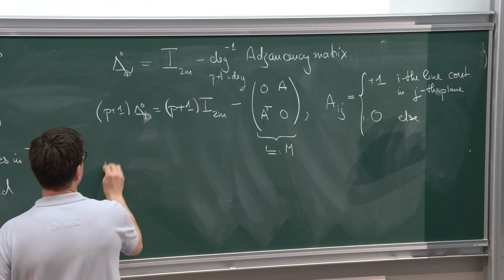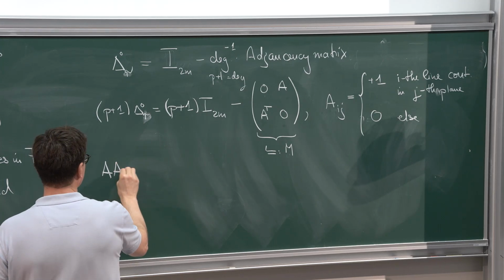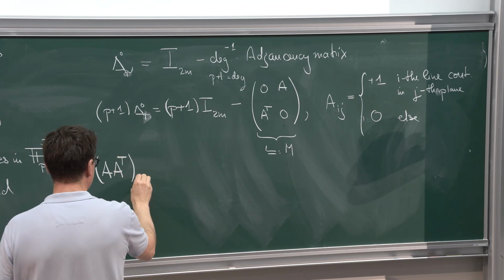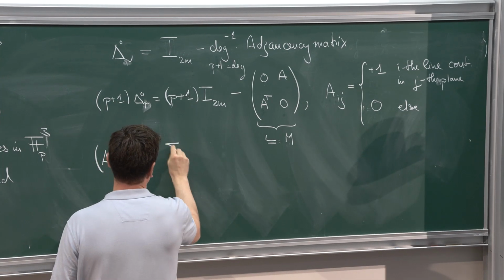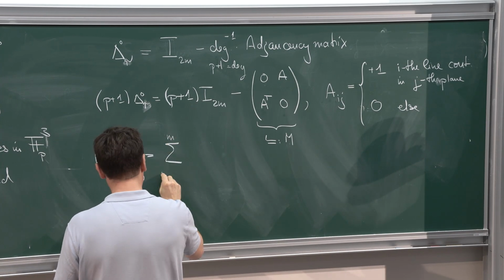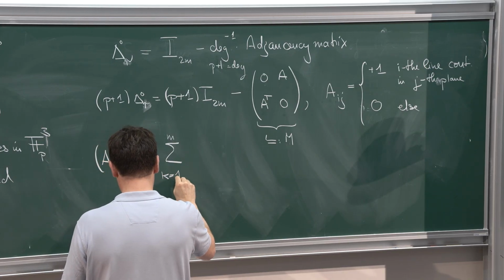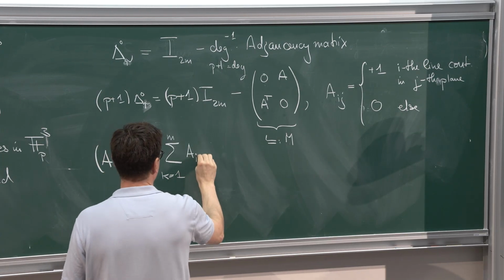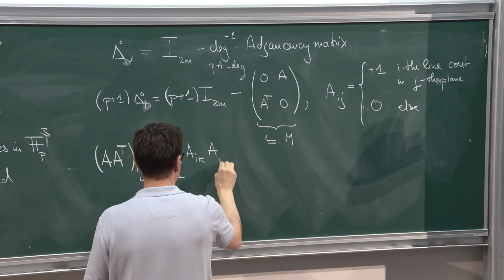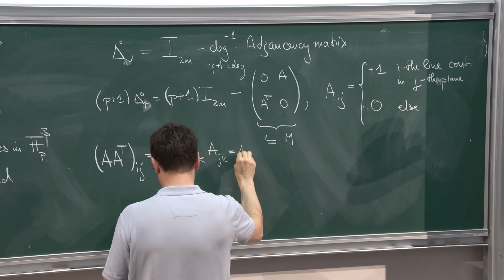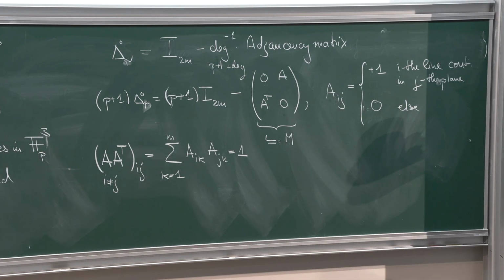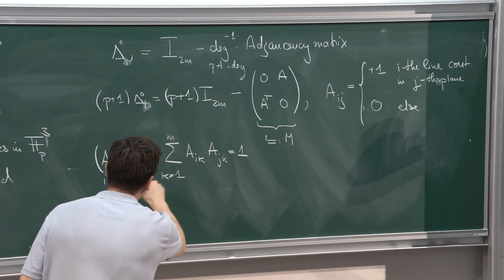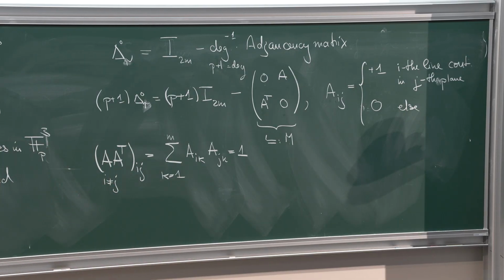All right. Now, if you compute this, and now I do a computation. And this is for i not equal to j. And why is this true for this matrix A, this part of the adjacency matrix?